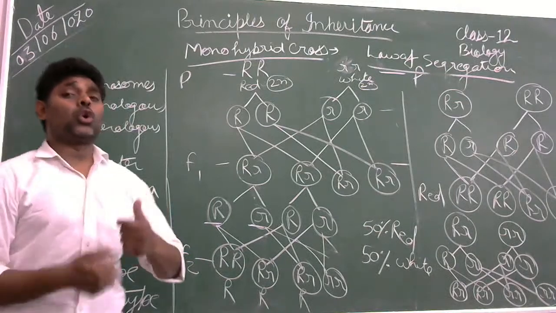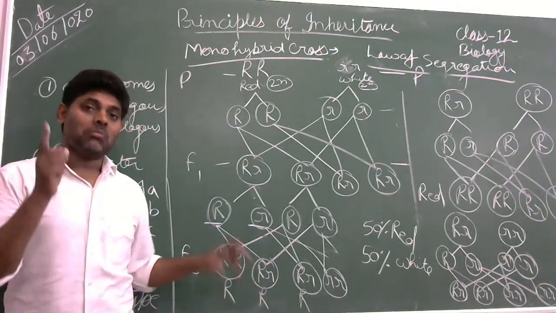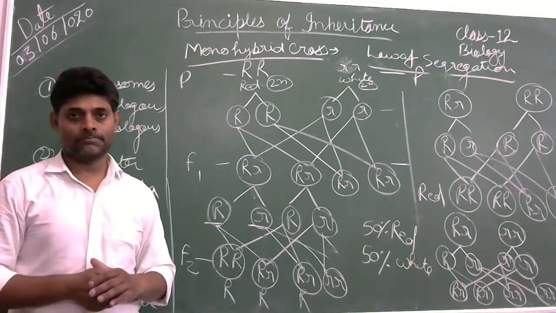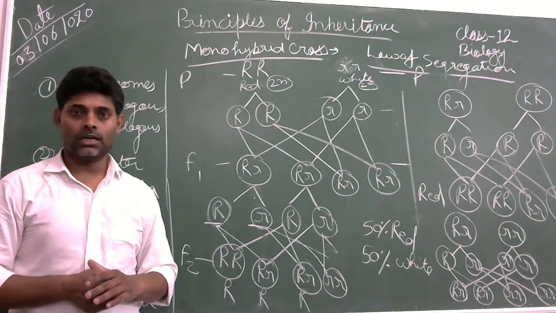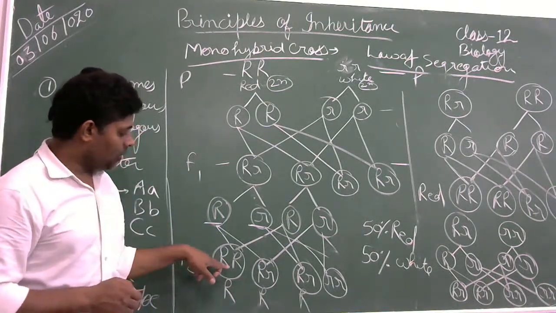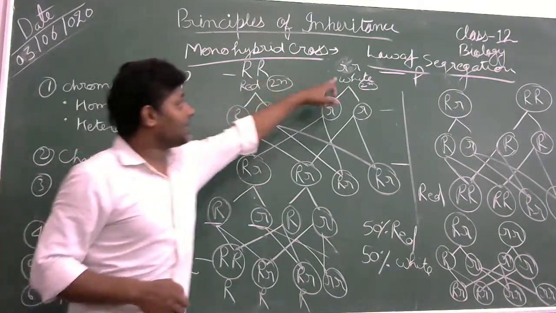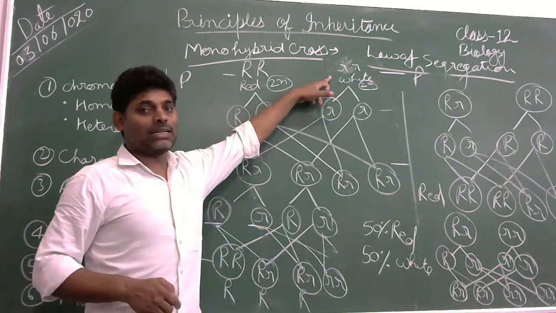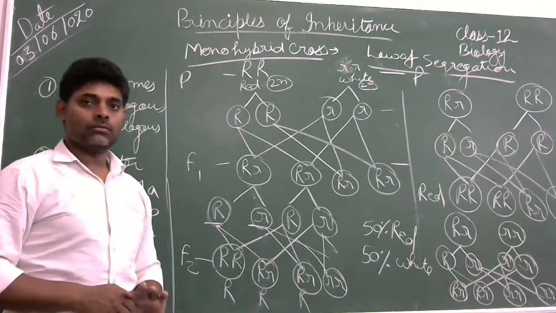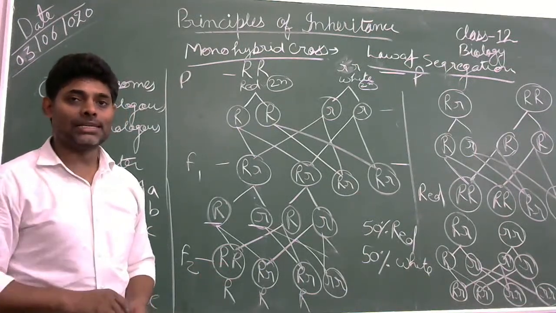Right? These three flowers are red, but I don't know whether they are homozygous or heterozygous. Okay, so how do I come to know? Again, if I cross that progeny with its recessive parent and get the same result, all are red, it means it is homozygous.